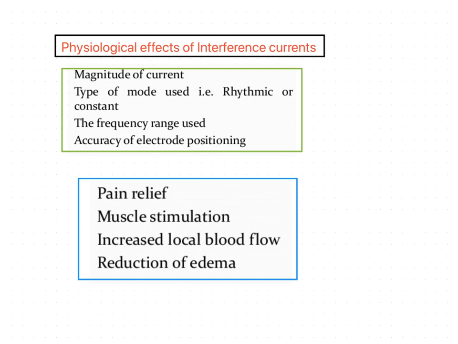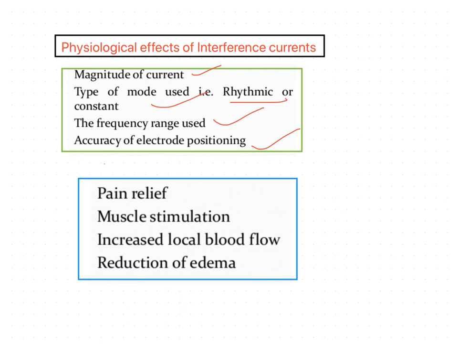interference currents. The physiological effects vary with such factors, and it mainly depends upon the magnitude of the current, the type of mode used, whether rhythmic or constant, the frequency range used, and the accuracy of electrode positions. All these factors affect the physiological effects of the interference currents.